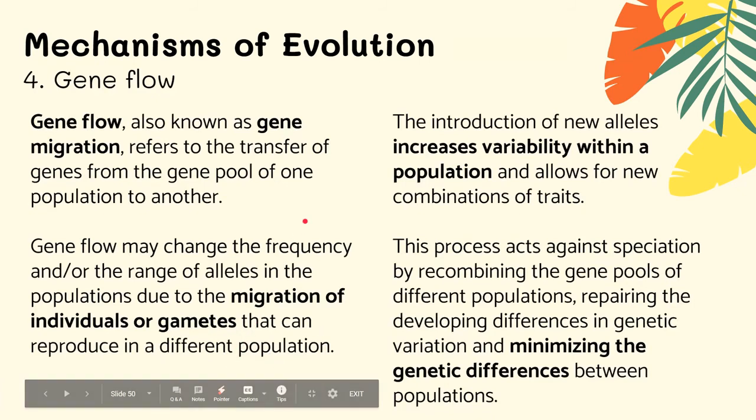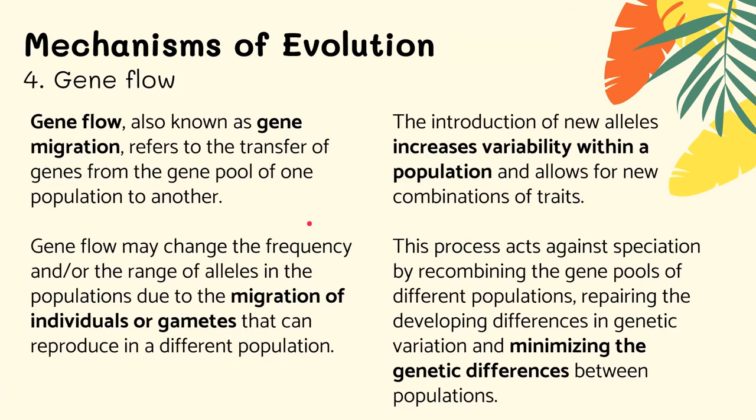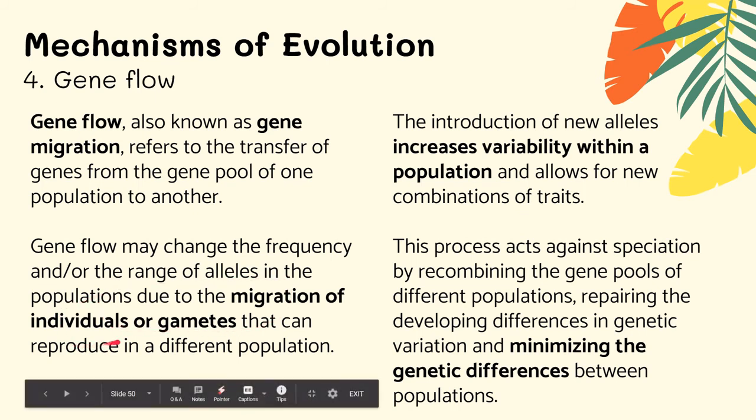The last mechanism of evolution is gene flow, also known as gene migration. This refers to the transfer of genes from the gene pool of one population to another, and this may change the frequency of the alleles of the population, due to the migration of individuals that reproduce in a different population.